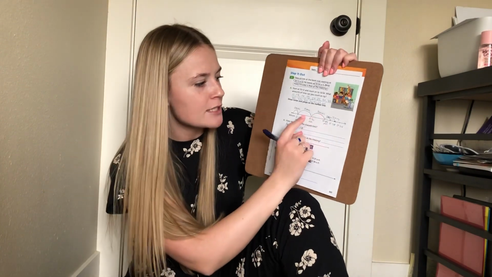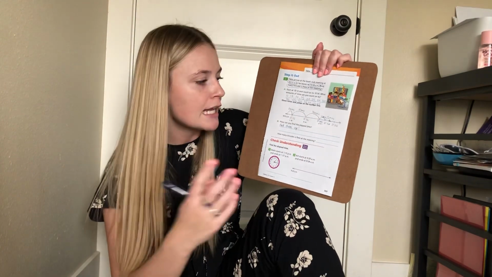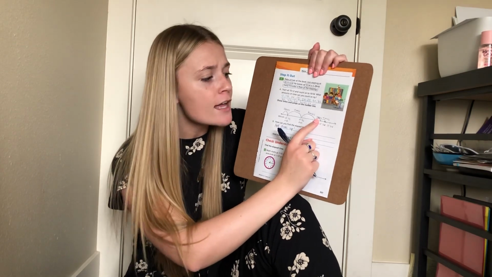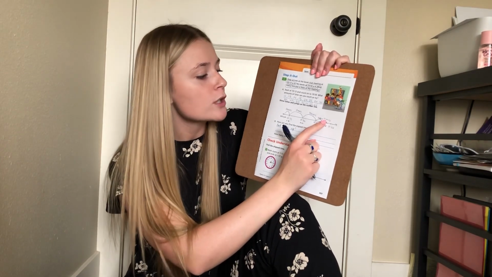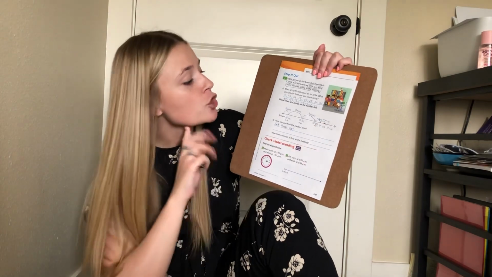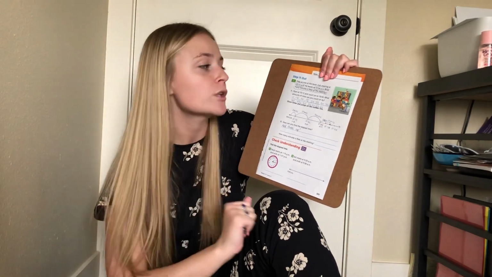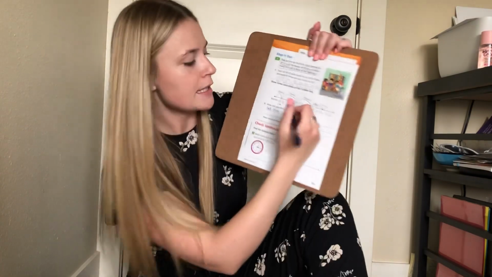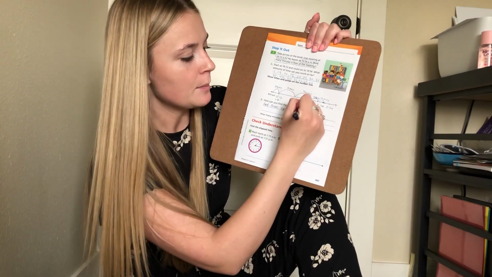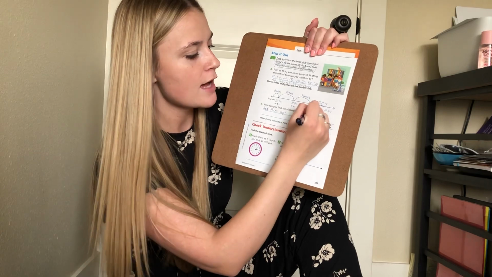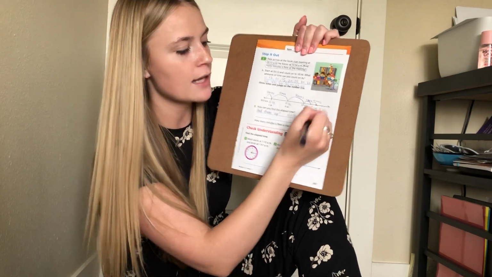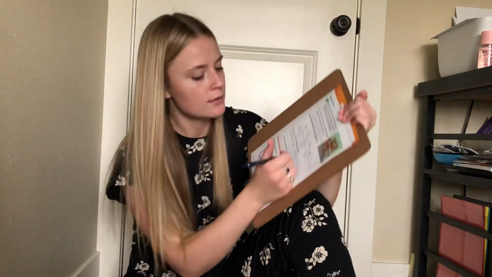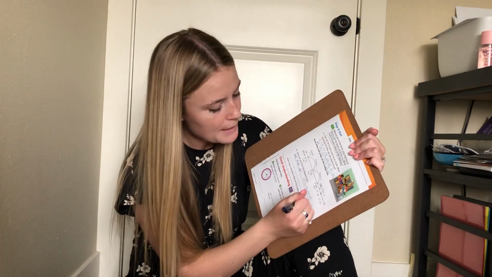So 15 plus 15, that's 30 minutes. 30 plus 5 is 35. 35 plus 4 is 39. 39 plus 3 is 42 minutes. So basically I would do 15 plus 15 plus 5 plus 4 plus 3. See that? And what did I get? 42 minutes.